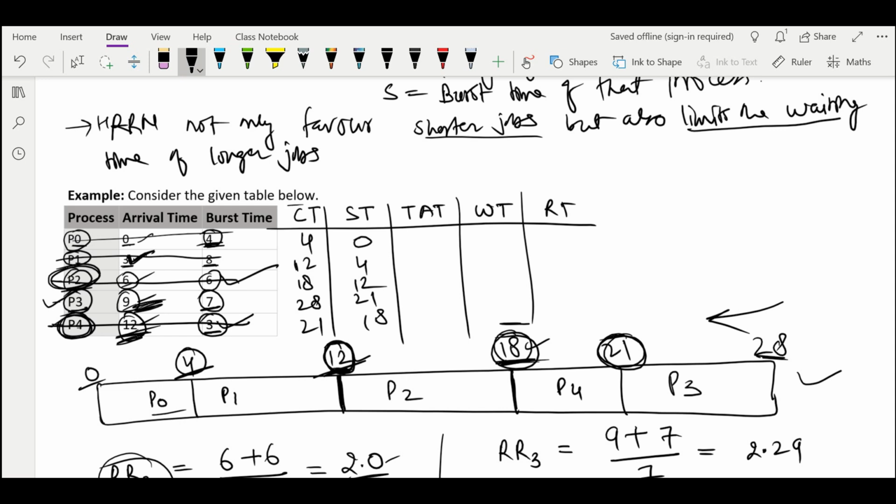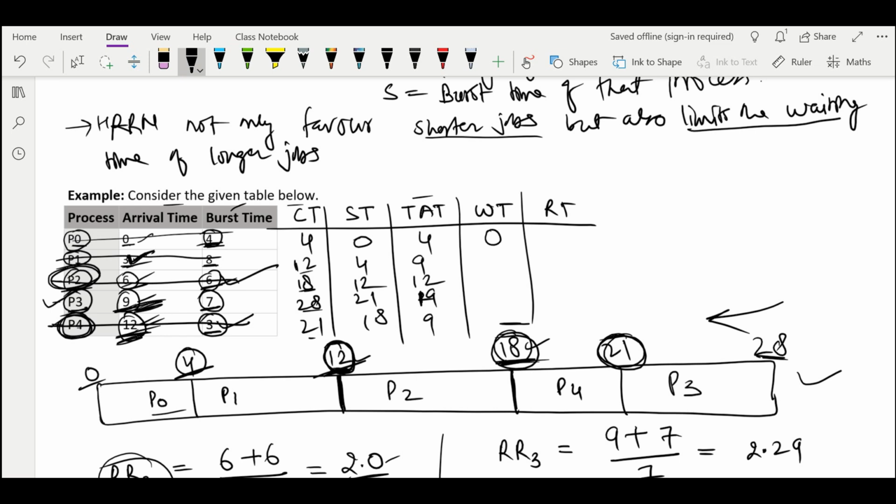Turnaround time, completion time minus arrival time, that is 4 minus 0 is 4, 12 minus 3 is 9, then 18 minus 6 is 12, 28 minus 9 is 19, and 21 minus 12 is 9. Waiting time, that is turnaround time minus burst time.